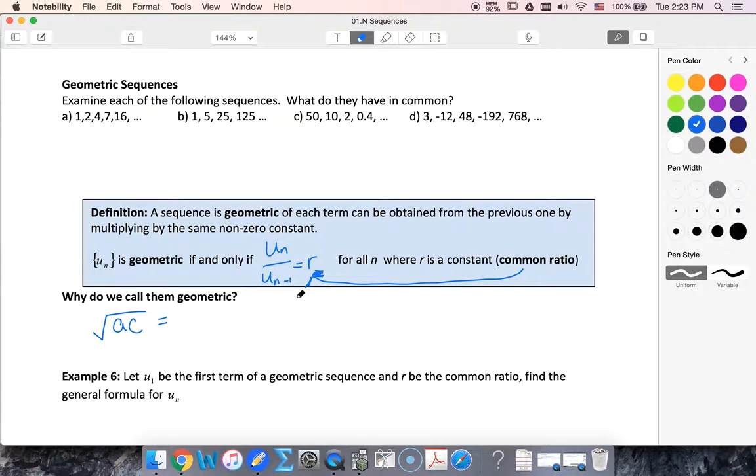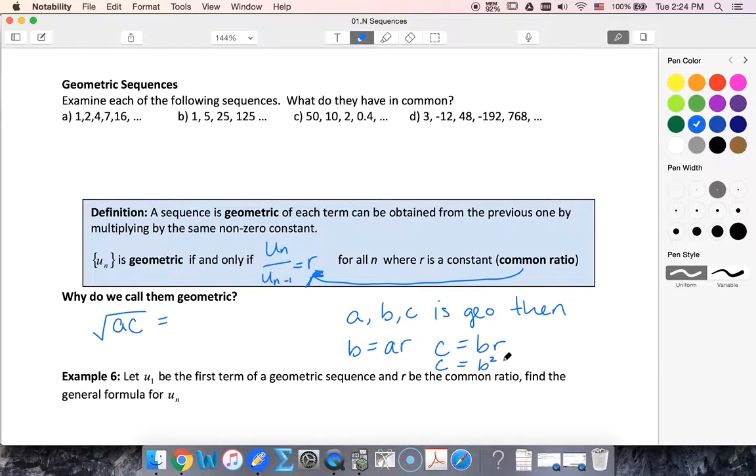And in our case, we can see that if I have a sequence A, B, C that is geometric, then I know that B is A times R and C is B times R. Well, that means that if I manipulate this, I could say that R is B over A, so C would be equal to B squared over A. That makes more sense.